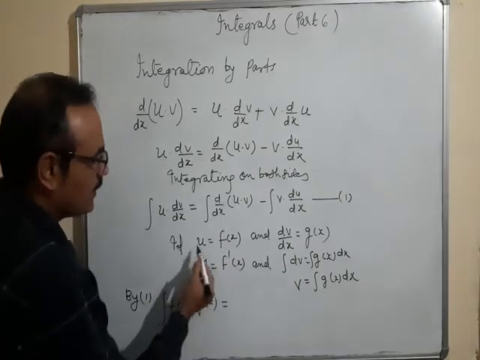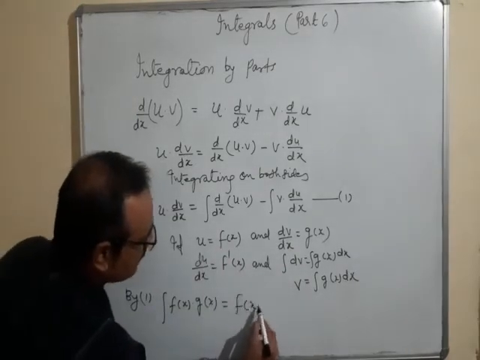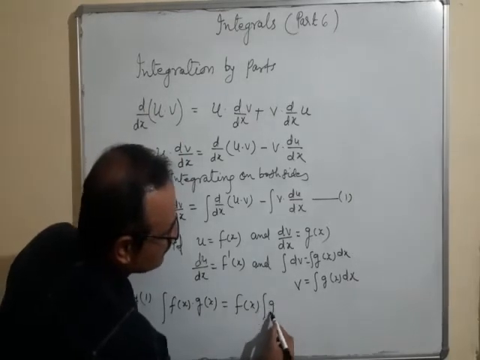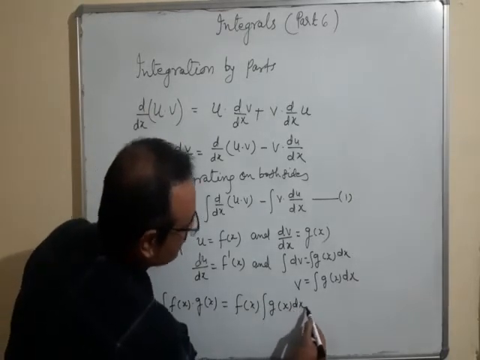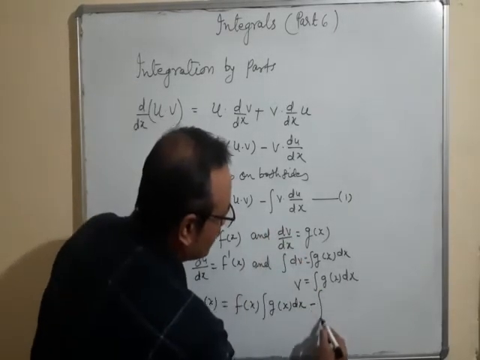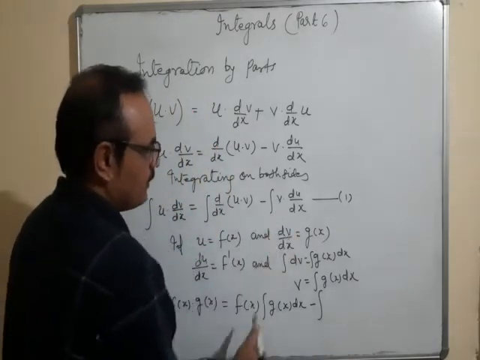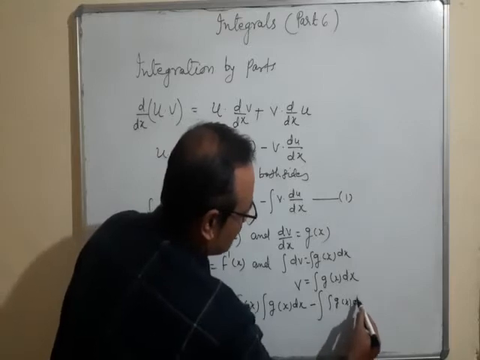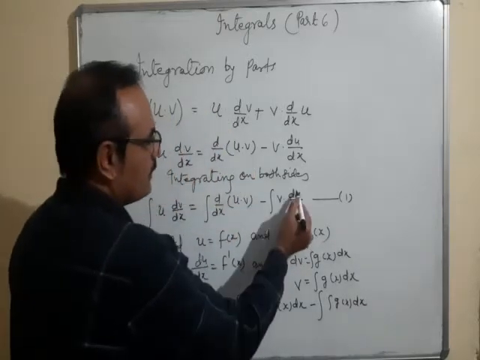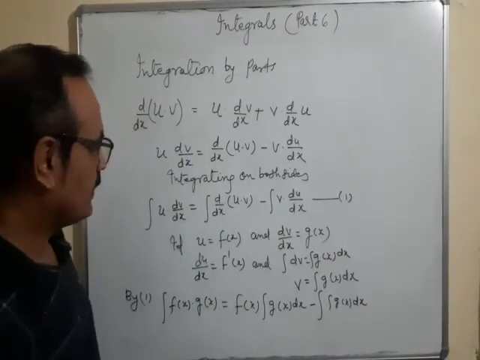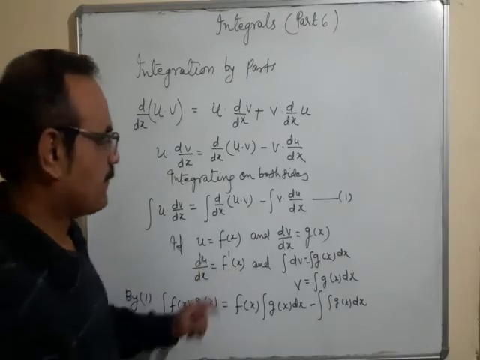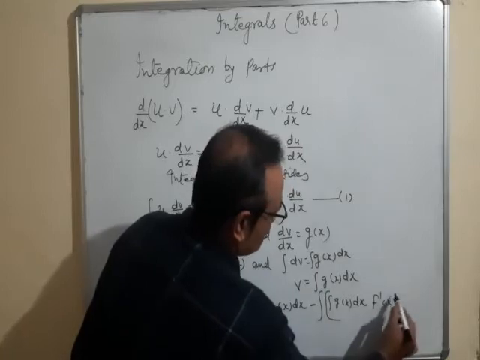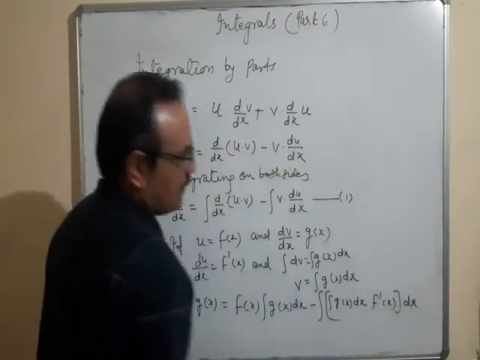What is u? u is f of x, v is integration of g of x dx, minus integration of v, that is integration of g of x dx, times du by dx, f dash x, and its whole integration.